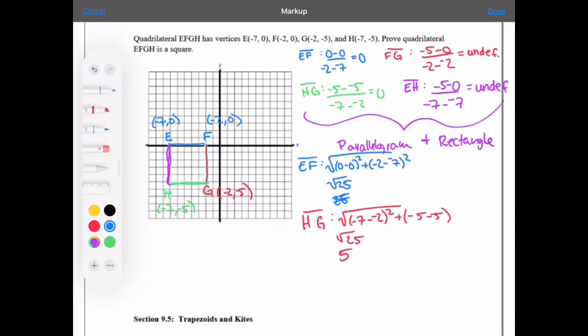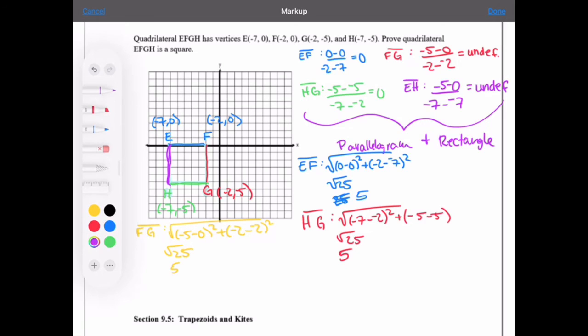I messed up over here. This was supposed to be 5. Just realized. Okay. So we know that already those two segments are congruent. So moving on, let's look at FG. So that we'll look at square root of -5 minus 0 squared plus -2 minus -2 squared. We get the square root of 25, and we get 5.